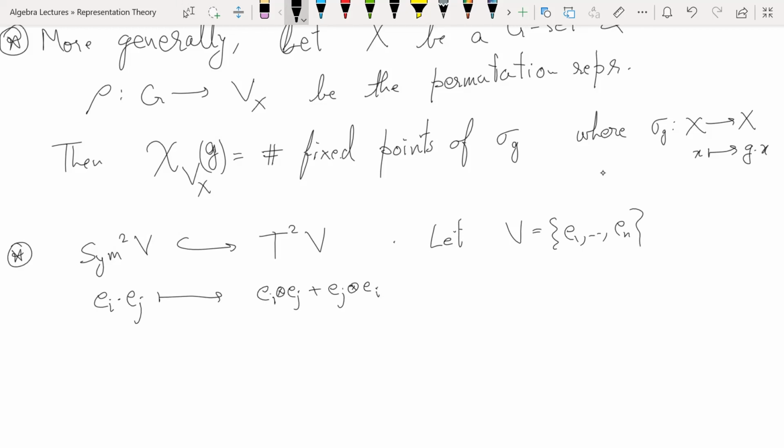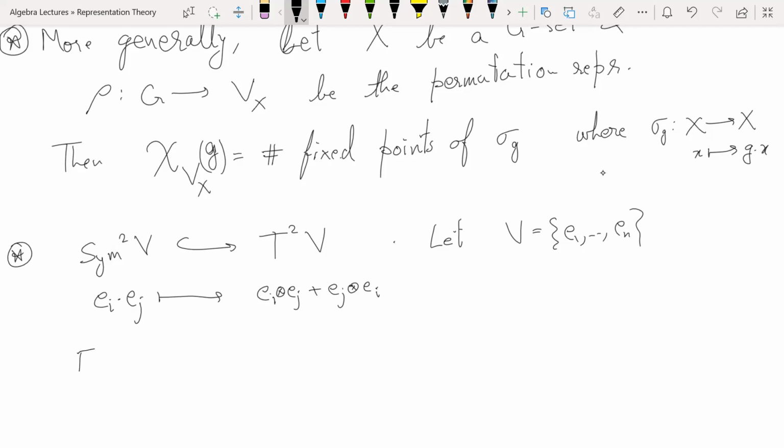If it was general, then we took the sum over all possible permutations. Then we showed that this is an inclusion, and your homework problem was to show that this is equivariant.